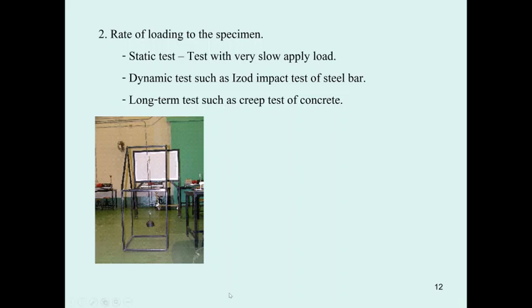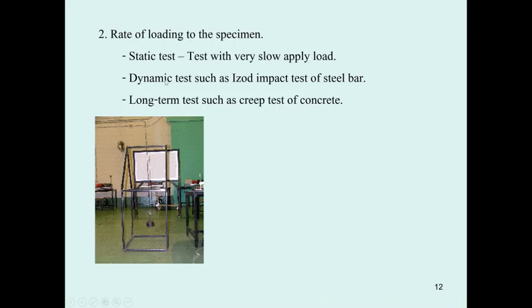Most of the tests that we have, the tension test from lab 2, the torsion test from lab 3, or the flexural test or compression test, most of the time the test is considered a static test because the tests are performed with a load that's very slow. Okay, that is very important to our engineering application.